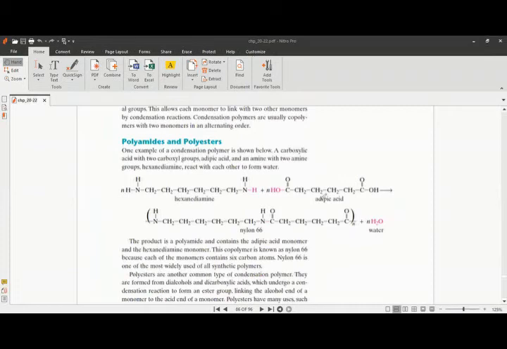That's why it's called 66. It contains six carbon atoms from the first monomer and six carbon atoms from the second monomer. And you have here the letter n, which means it can be repeated for a large number of these polymers. Do you have any question? You can unmute yourself if you have any question.